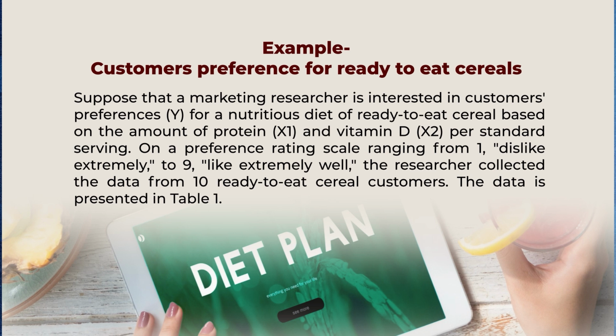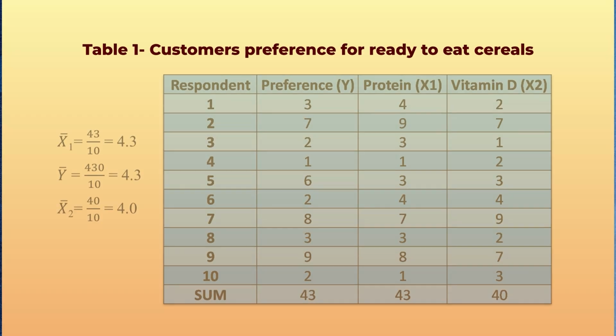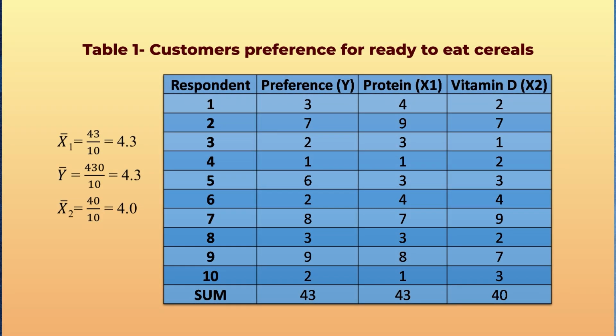On a preference rating scale ranging from 1, dislike extremely, to 9, like extremely well, the researcher collected the data from 10 ready to eat cereal customers. The data is presented in table 1. Here, column 1 gives the respondents 1 to 10, column 2 gives the preference Y values, column 3 gives protein intake, and the last column gives the vitamin D intake.